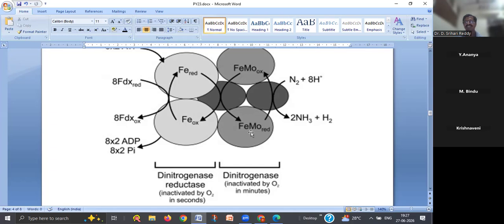Because plants carry on respiration, in which oxygen is involved, but due to the presence of the leghemoglobin, it acts as a wall. It binds to the oxygen, so nitrogenase cannot be inactivated.